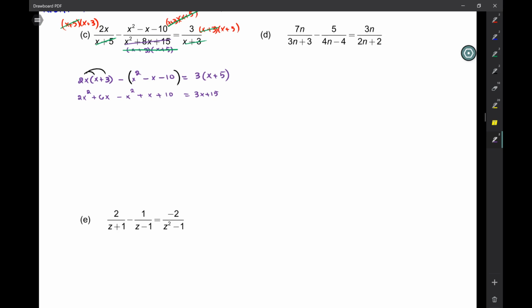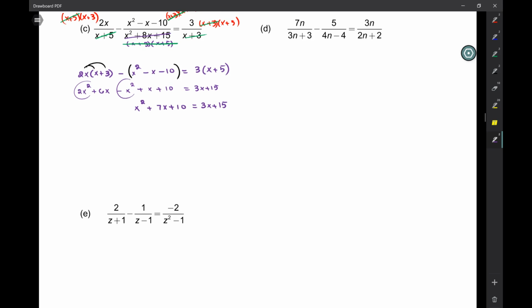Okay. 2x squared and negative x squared gives me x squared plus 7x plus 10 is 3x plus 15. Can I subtract a 3x here? Why not? Can I subtract the 15? Why not? So now I have x squared plus 4x minus 5 equal to 0.